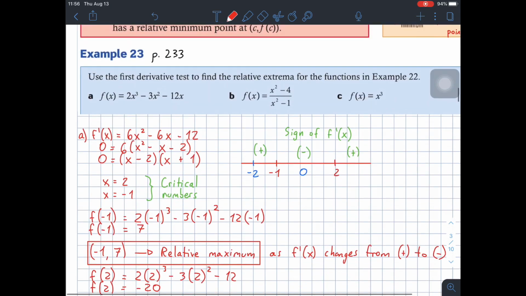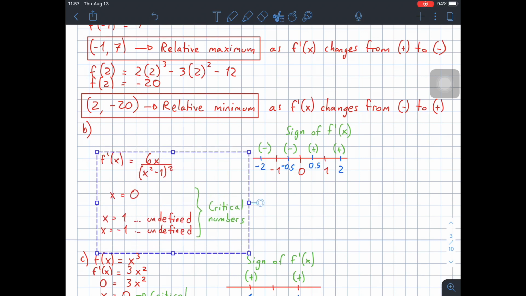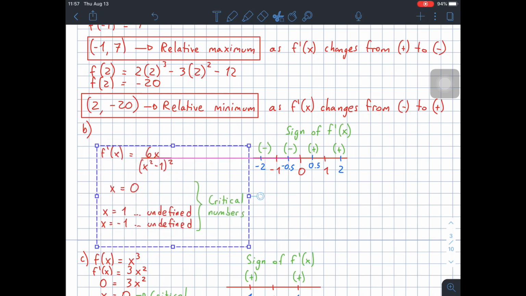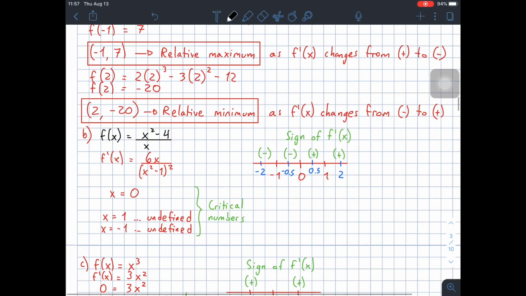If you remember, the function was this one over here. Let me see if I can rewrite that function here. I'm going to leave some space. Maybe there. There. So the function for part B, I'm going to write it in black. f of x is equal to x squared minus 4 divided by x squared minus 1.